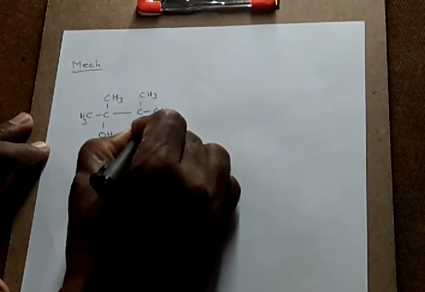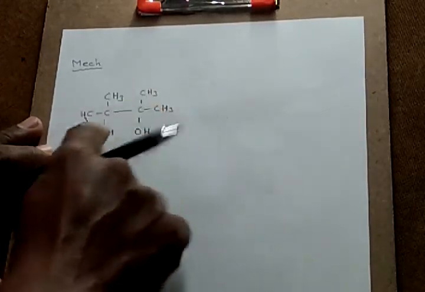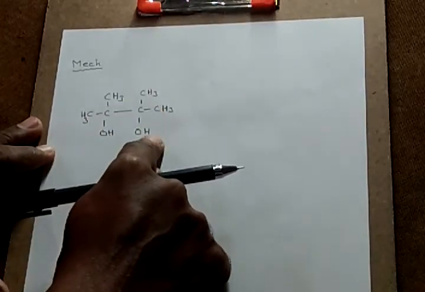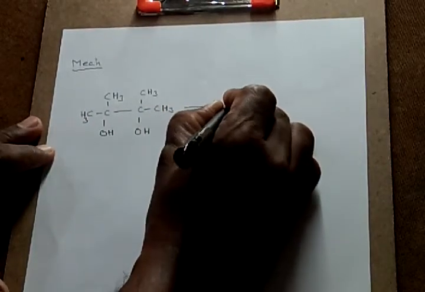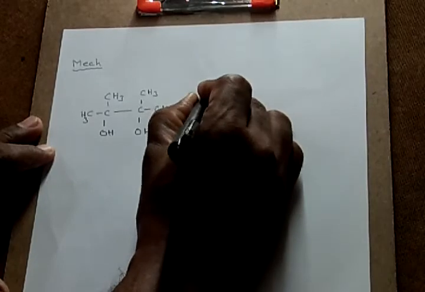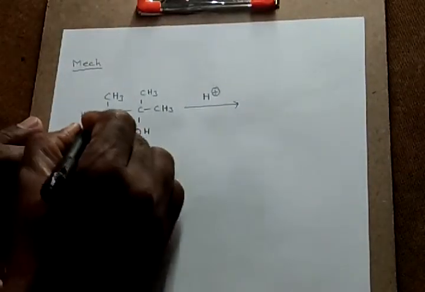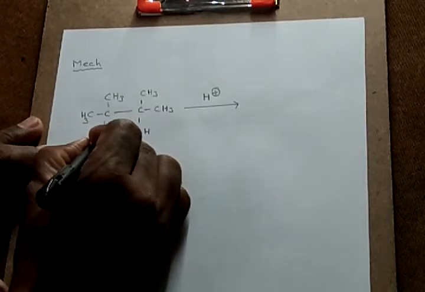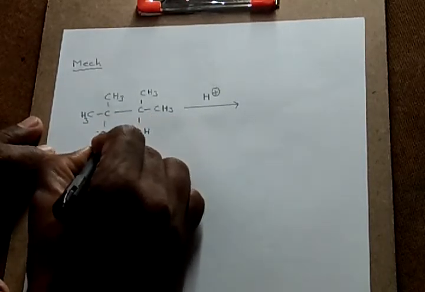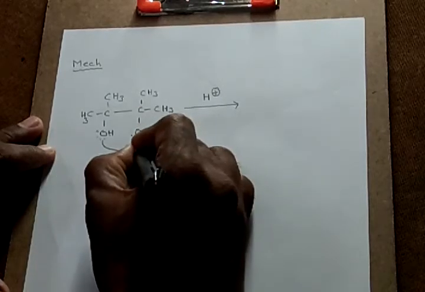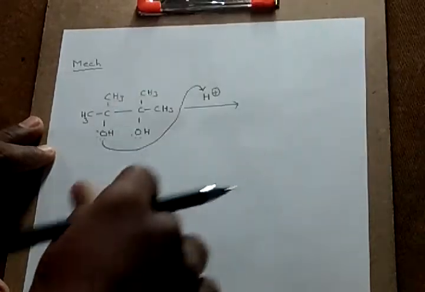This is our diol molecule, 2,3 dimethyl butane 1,2 diol, a vicinal diol. Now, from the acid medium, the ion produced is the H+ ion. Out of the two OH groups of the diol, one OH group, with the help of the lone pair on the oxygen, forms a dative bond with this H+ ion.